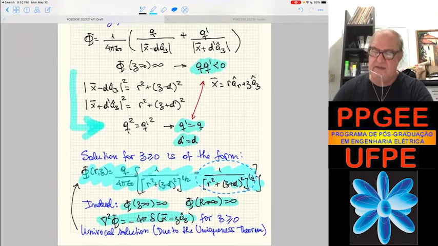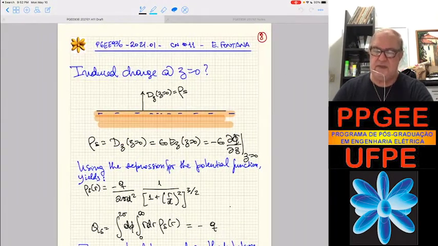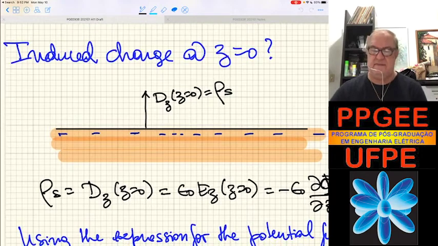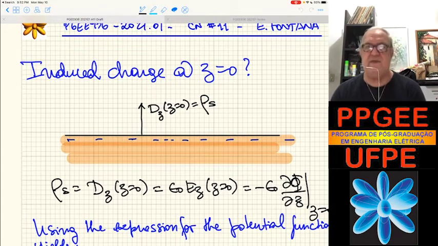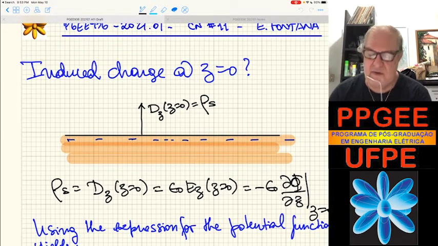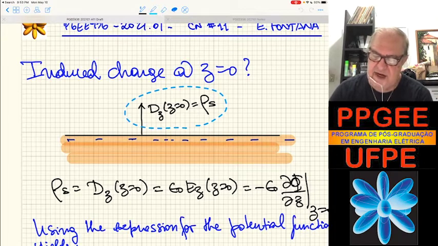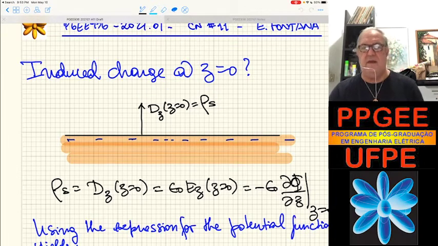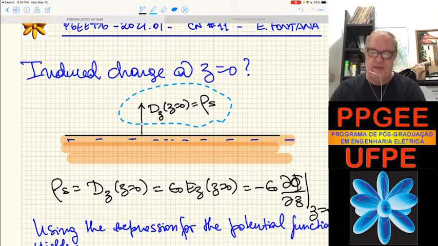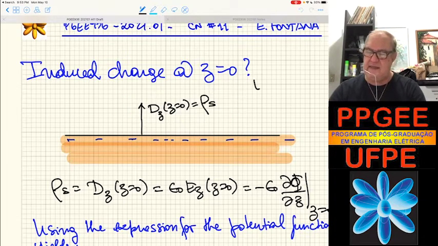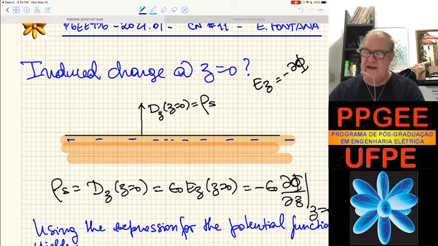One important question is that of the induced charge on the surface. What is the induced charge? Well, as we derived in the boundary condition, we have a conductor. The surface charge is the normal component of the flux density vector that points outside of the region, to the region. So it's just a matter of calculating E_z, which equals minus d phi dz, and calculating that at z equals 0.